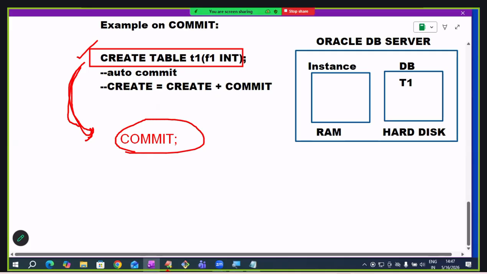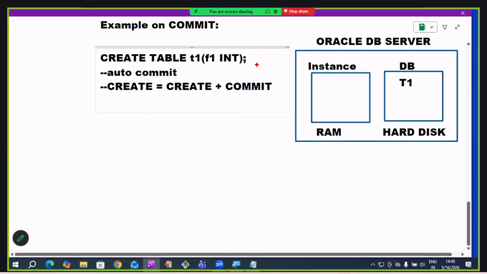Some Java trainers, those who are explaining JDBC, maybe they are legends in Java, but they may not be legends in databases. They make such kinds of mistakes. I have seen many members like this. They write the create command, and after that they write commit. They think they are saving it. But create is an auto commit command. Automatically it will be saved. After create, there is no need to use the commit command. Remember this.